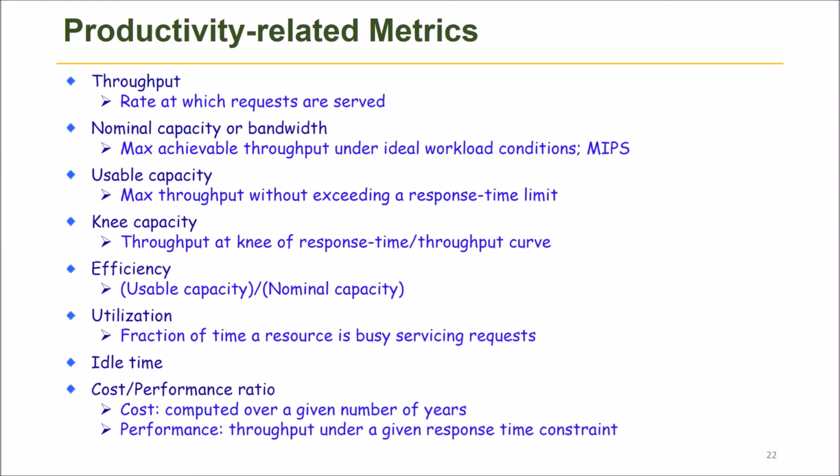Knee capacity, throughput at the knee of the response time divided by throughput curve. Efficiency, usable capacity divided by nominal capacity. Utilization, fraction of time a resource is busy serving requests.